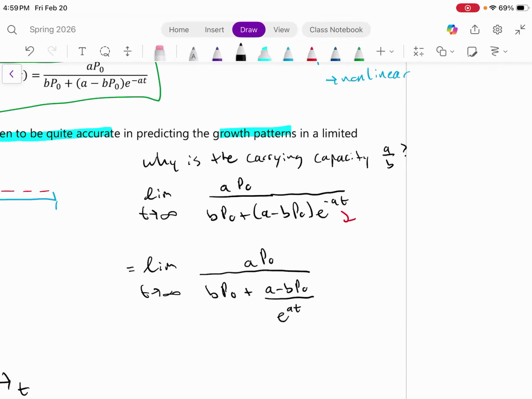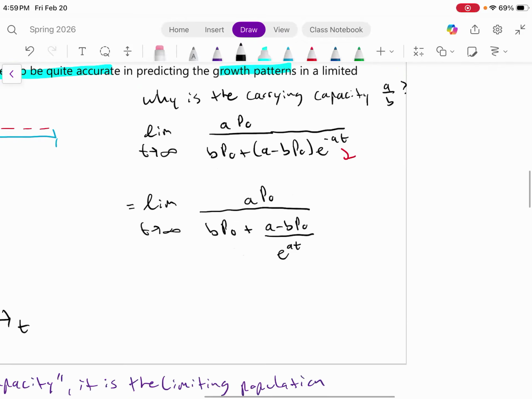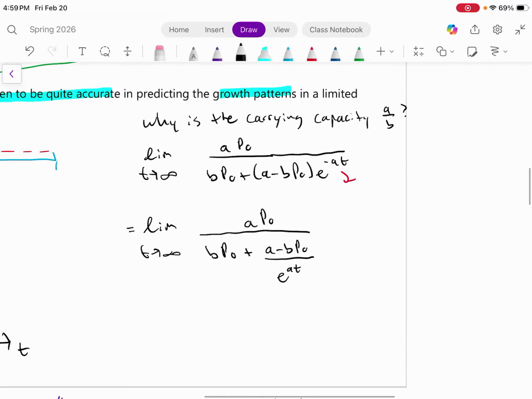If I plug in infinity for t, I get bP0 plus (a - bP0) all over e to the a times infinity.